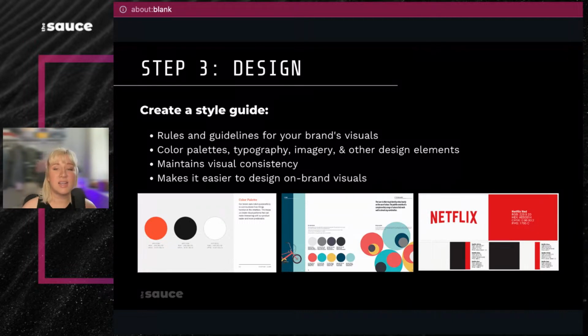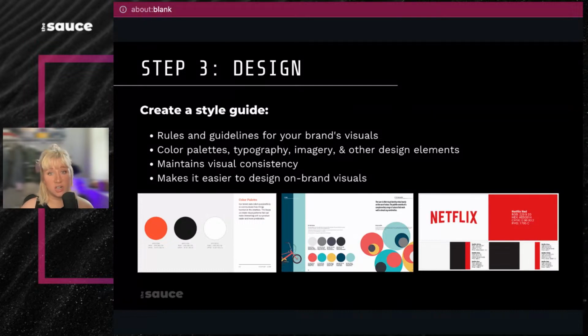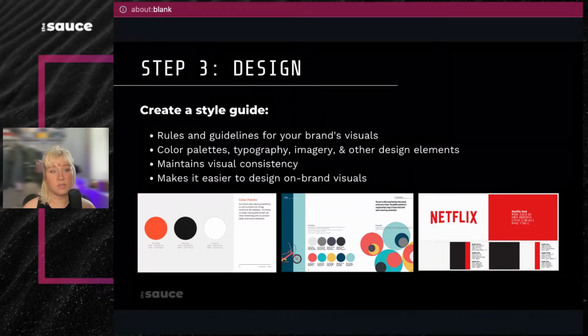Typically, a style guide is a book, usually a PDF, of rules and guidelines for your brand's visuals. It doesn't always have to be a full book. It could be a one-sheeter page that says, here are the color palettes, typography, imagery, and other design elements that we use. This helps to maintain visual consistency.